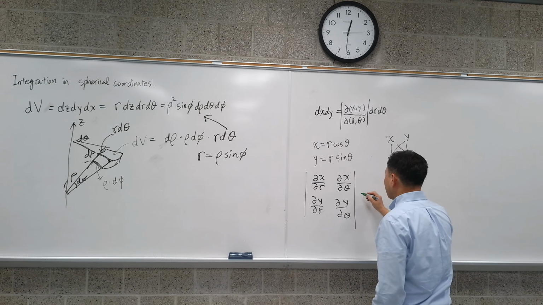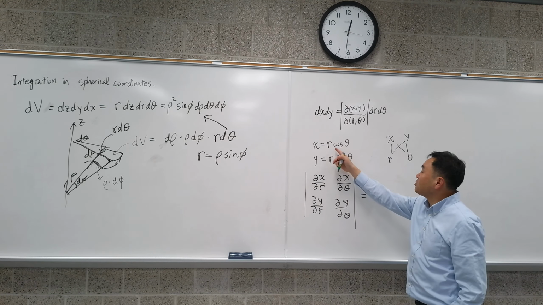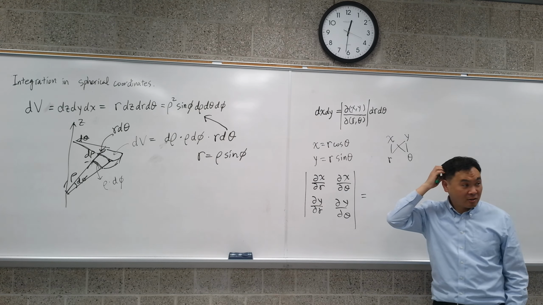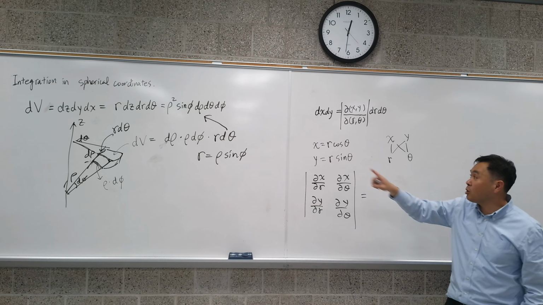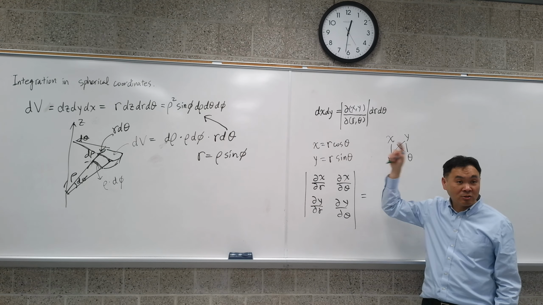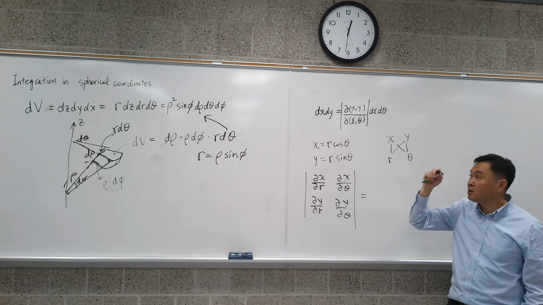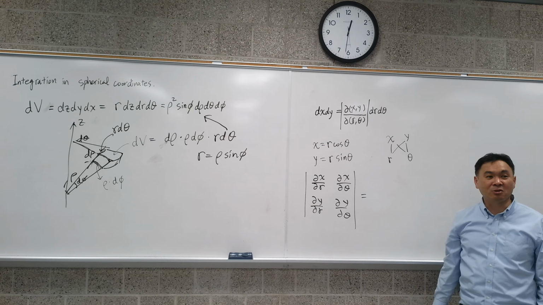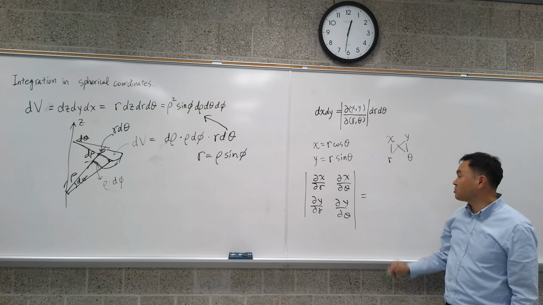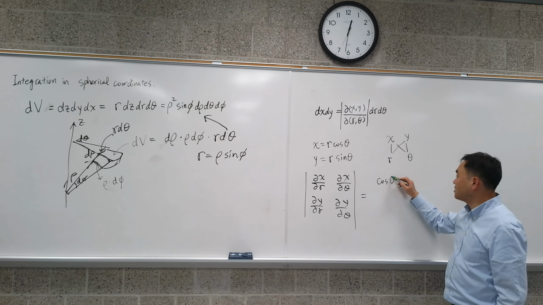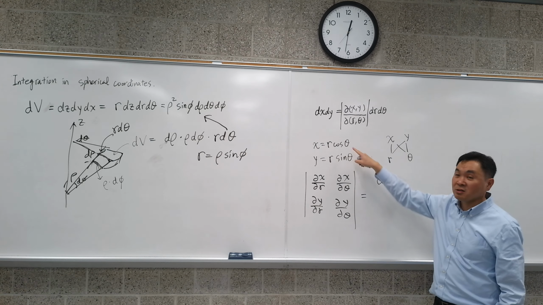Let's see what that is. Okay, if you differentiate this by r, what do you get? It's a partial derivative, so you're thinking of theta as constant. So cosine theta will be constant, right? What do you get? 1/2 r squared? No, that would be the integral. If you're differentiating, what do you get? Just cosine theta. How about this one? If you differentiate this by theta.